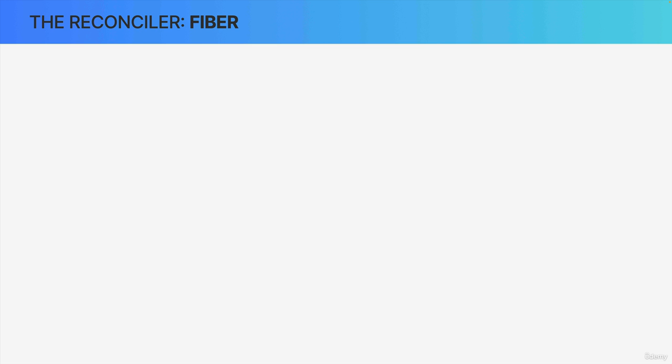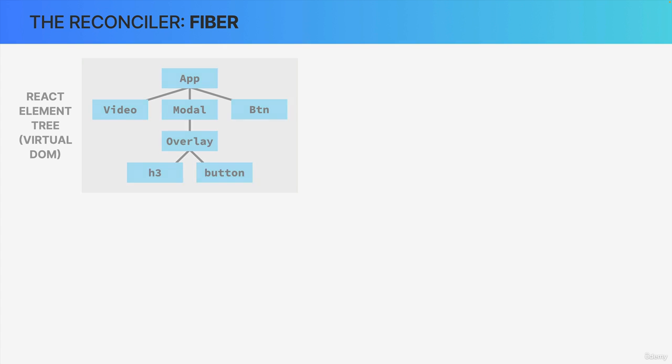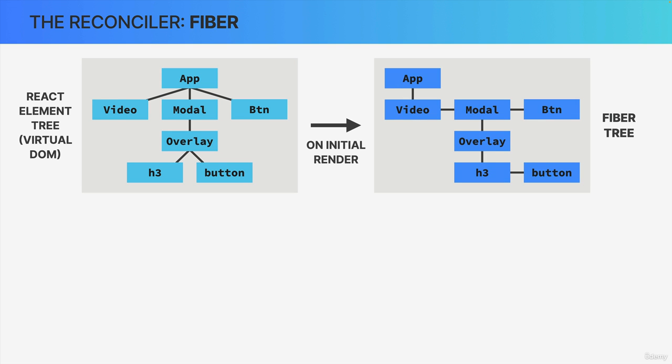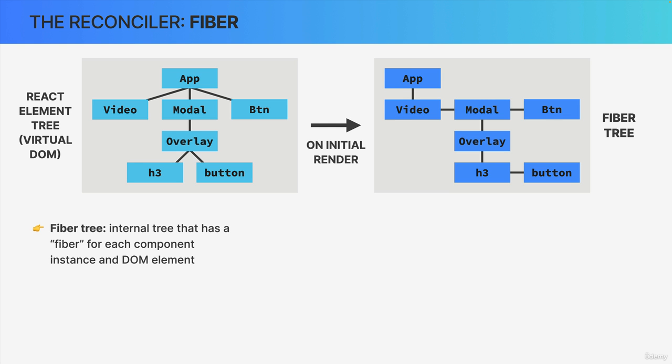So during the initial render of the application, Fiber takes the entire React element tree, so the virtual DOM, and based on it, builds yet another tree, which is the fiber tree. The fiber tree is a special internal tree where for each component instance and DOM element in the app, there is one so-called fiber.